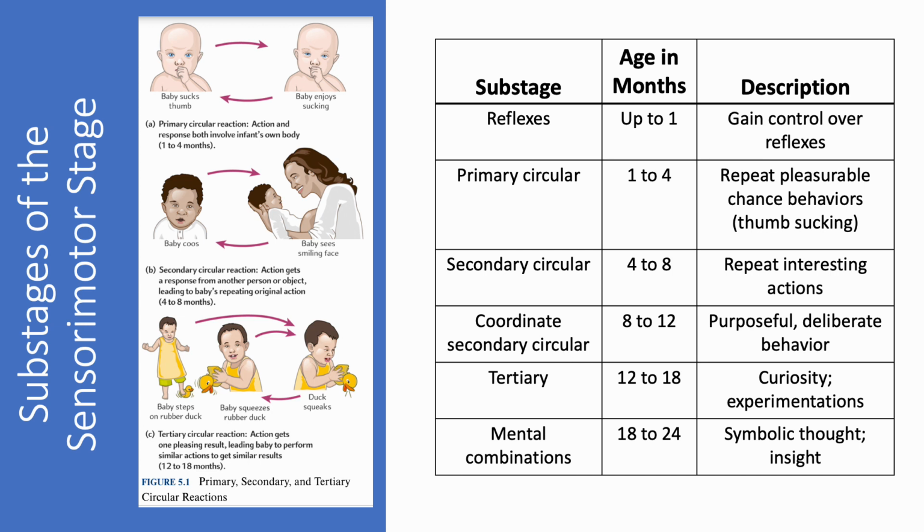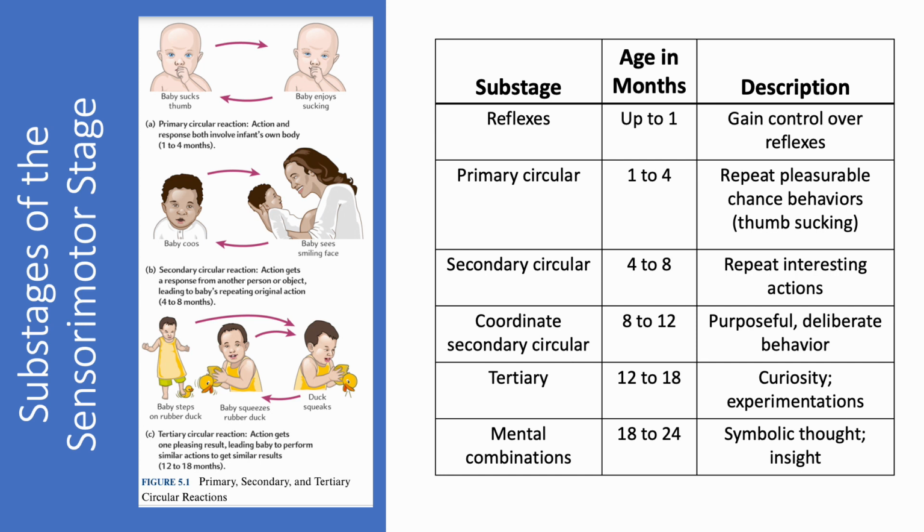In this substage, the infants repeat interesting actions. The coordinated secondary circular substage is 8 to 12 months. In this substage, there are purposeful, deliberate behaviors. The tertiary substage is 12 to 18 months, and it is a stage of curiosity and experimentation.